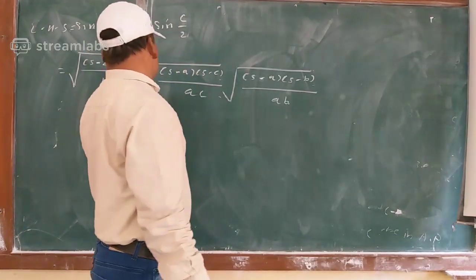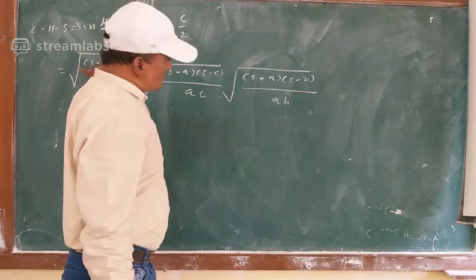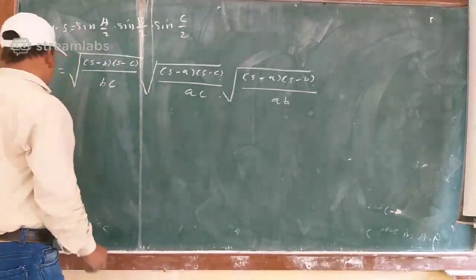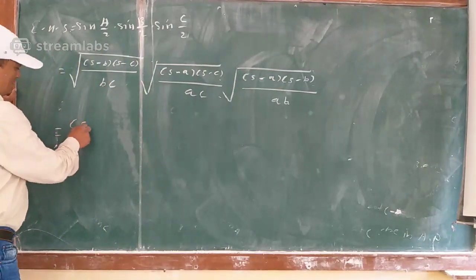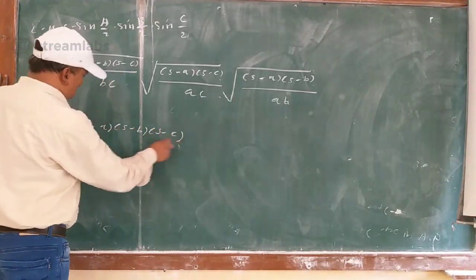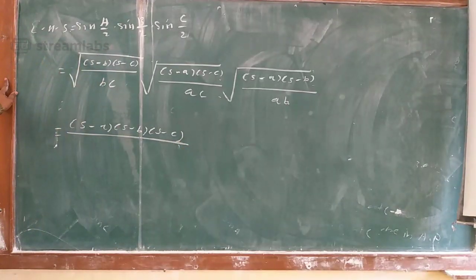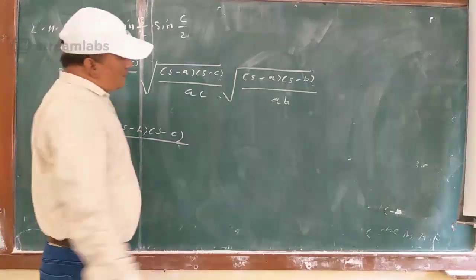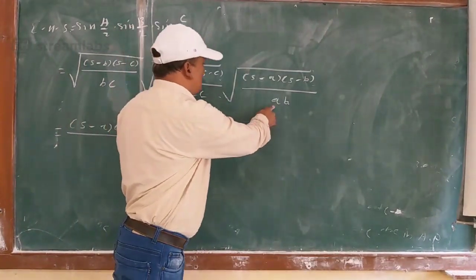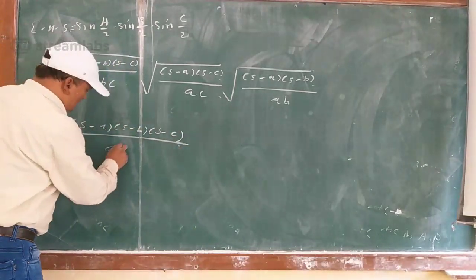S minus C, S minus C square, square root eliminated. S minus B, S minus B square, square root eliminated. So the terms are S minus A, S minus B, S minus C upon B into B, B square, C into C, C square, A into A square, square root eliminated, ABC.